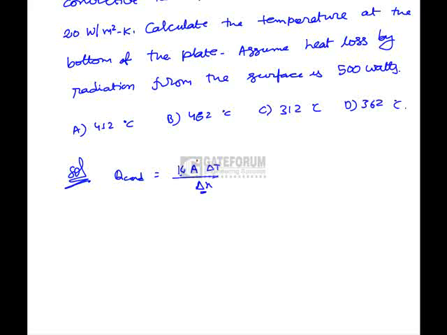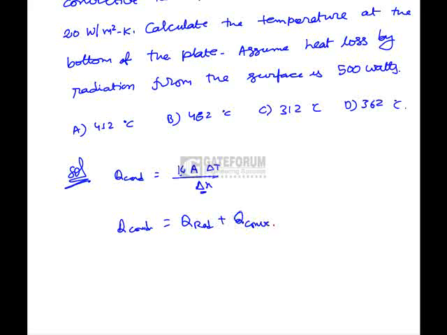This conductive heat transfer is equal to the sum of the radiative heat transfer and convective heat transfer of one side of the plate. So Q conduction can be written as Q radiation plus Q convection.